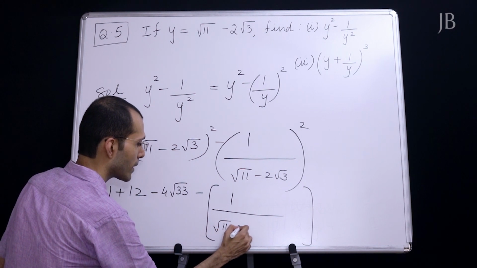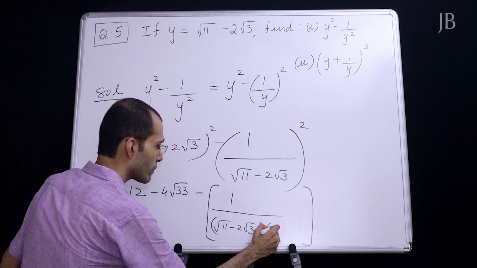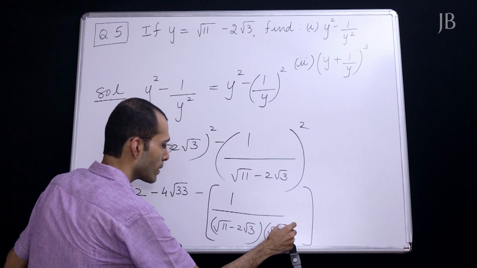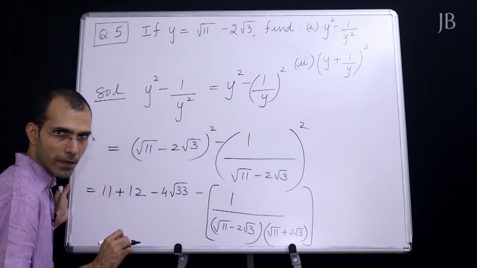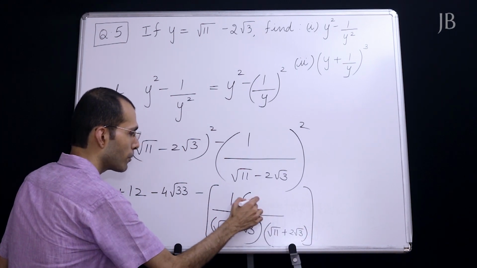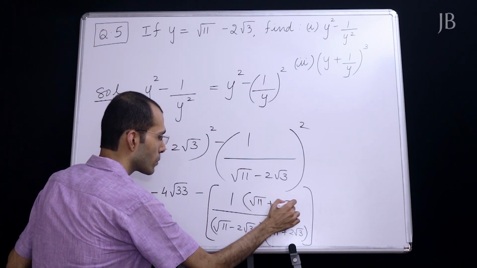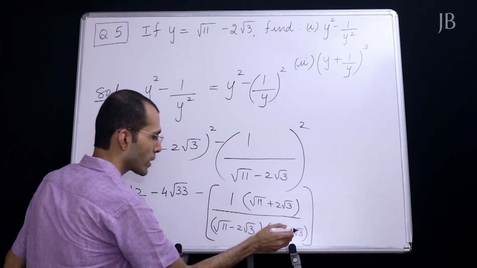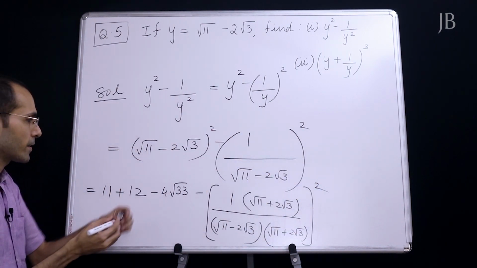So root 11 minus 2 root 3, this you rationalize. It will be root 11 plus 2 root 3. Up also root 11 plus 2 root 3 to counterbalance the change, and do not forget to put this square that comes as it is.